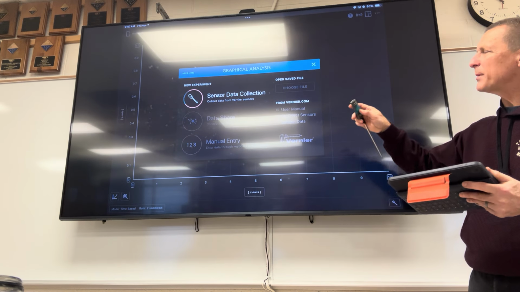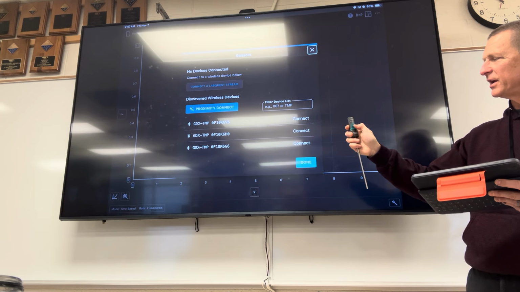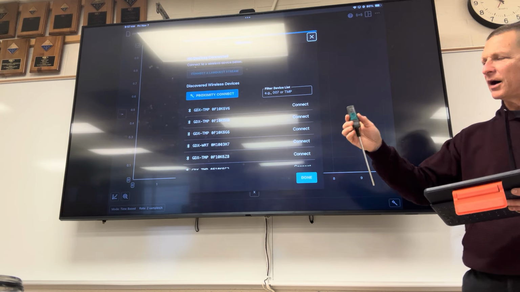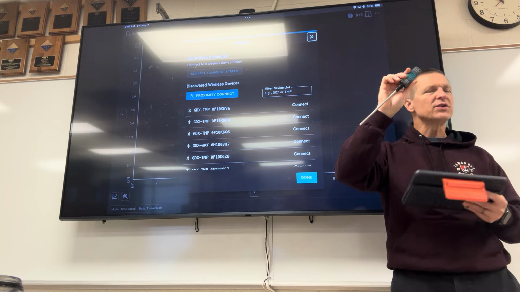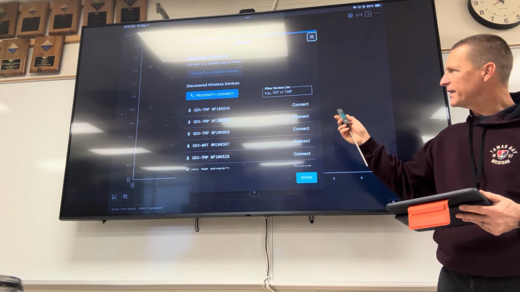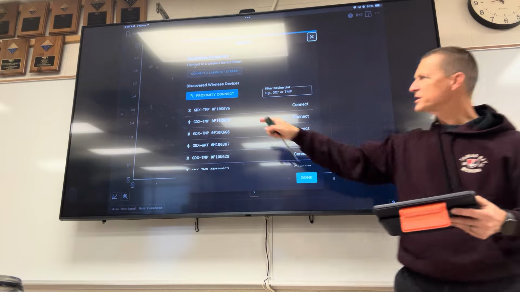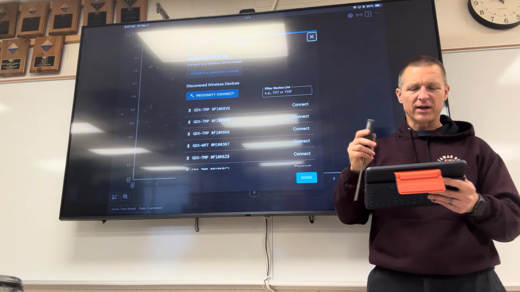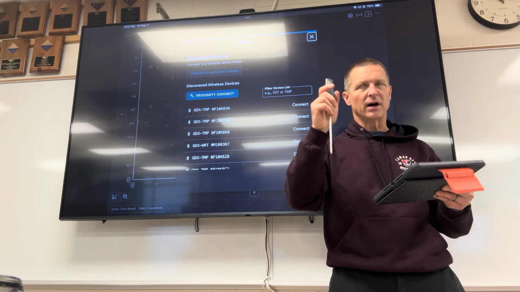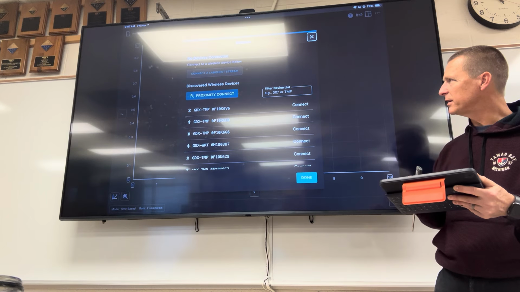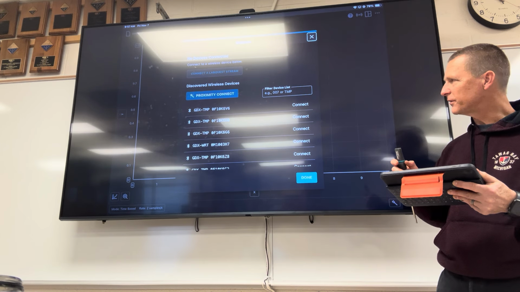Remember all this because we haven't used them in here. Maybe you have in GBE if you've taken that class. Turn it on so that it's blinking red. And then we need to pair the probe to the app. So just click Proximity Connect, and all you have to do is be close with your device to the iPad, and it'll pick it up within a few seconds.